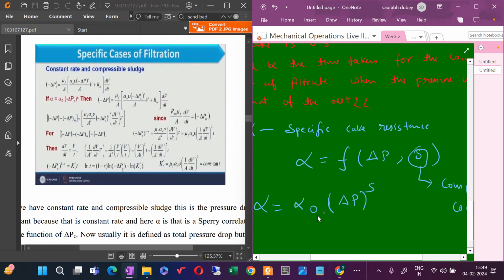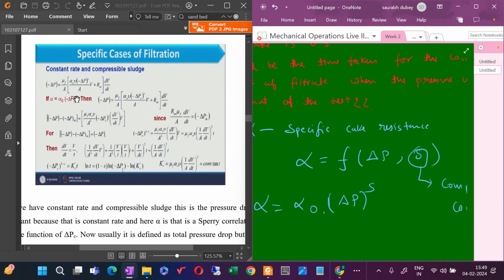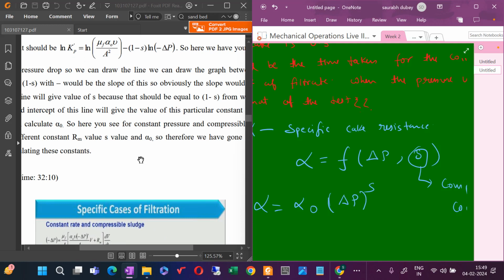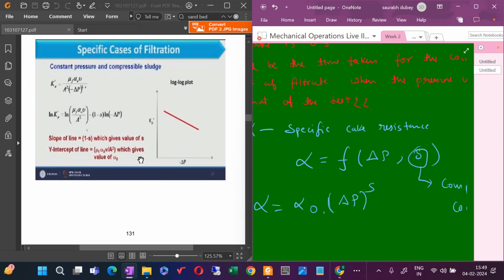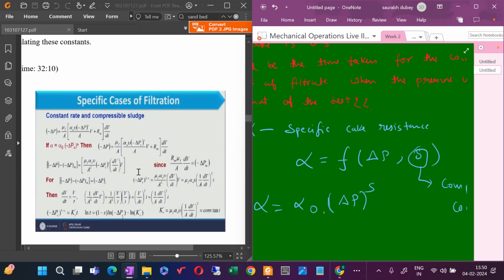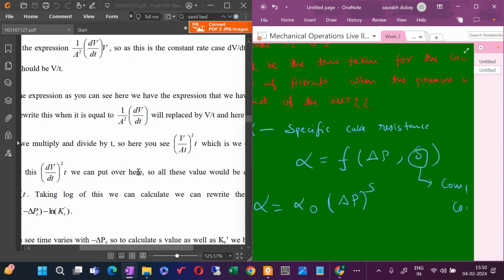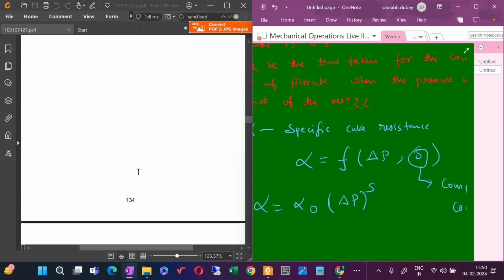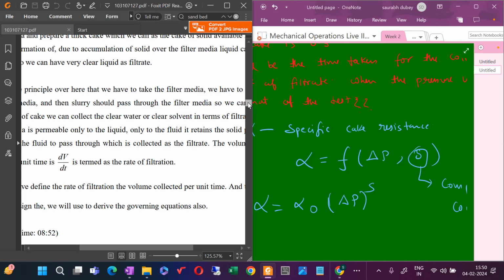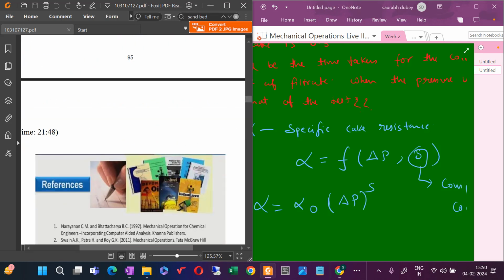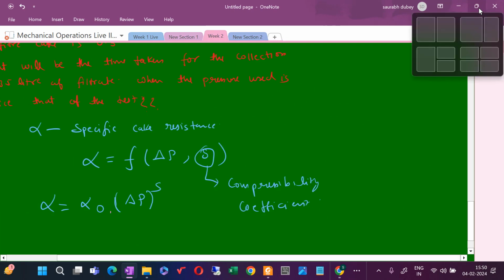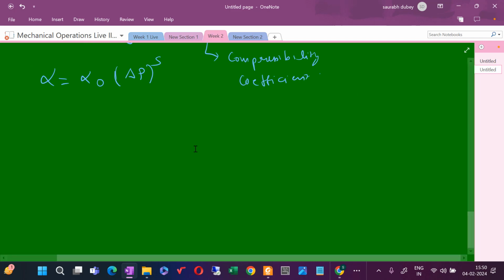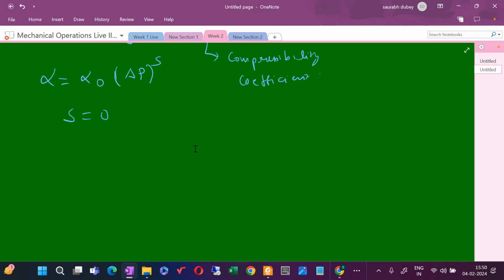This is the case of the compressible sludge, where the compressibility coefficient comes into the picture. When you use this concept, if s equals 0, then this will be constant.